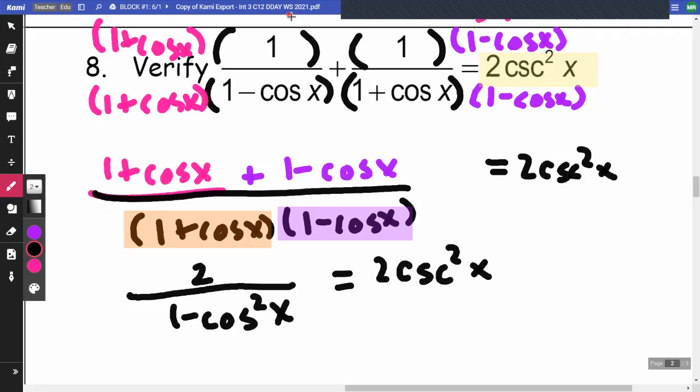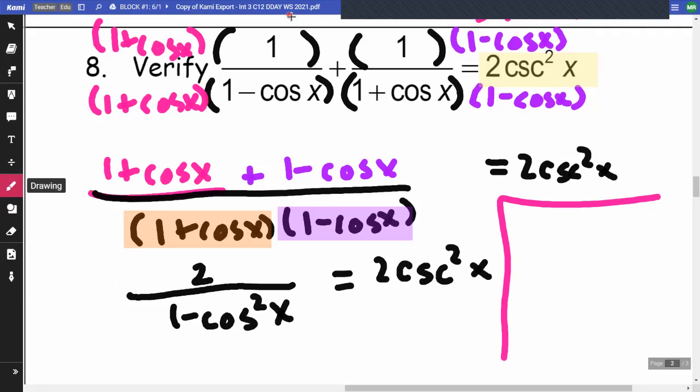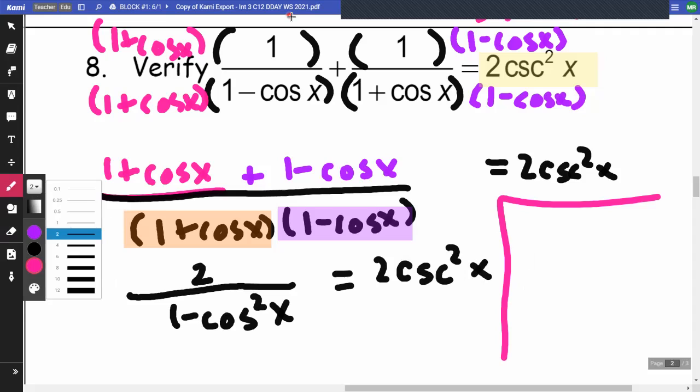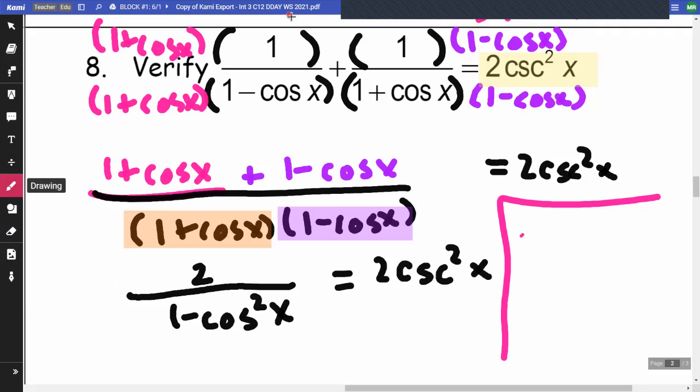Okay, now a 1 minus cosine squared x, let me just jot over here real quick. Remember, sine squared x plus cosine squared x equals 1.